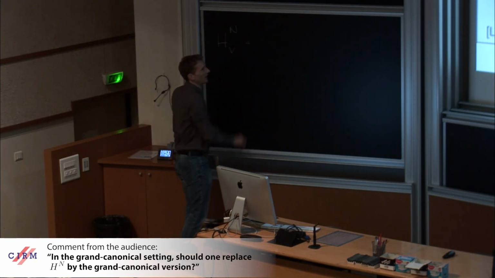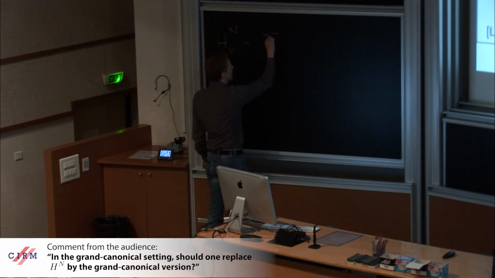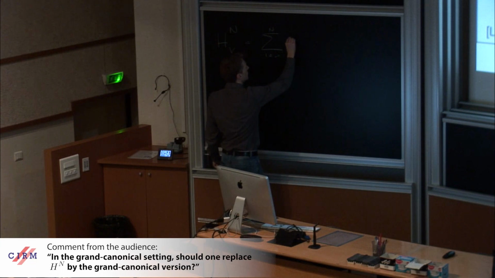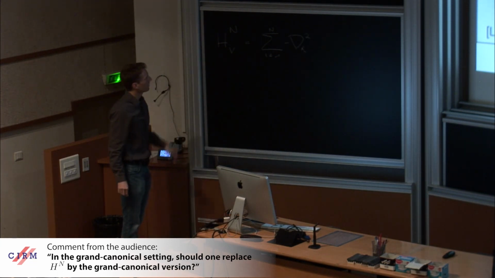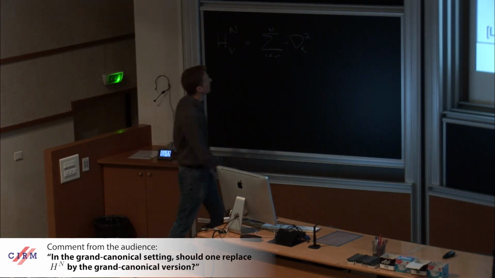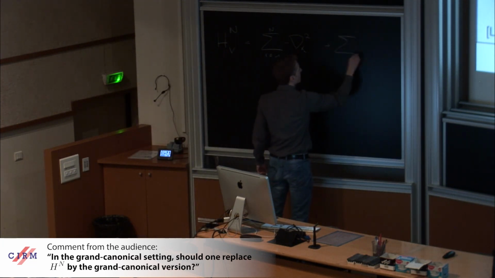So you just model dynamically the electrons, so you have n electrons, with the kinetic energy just given by the Laplacian in the usual units, and then there is the interaction between the electrons.